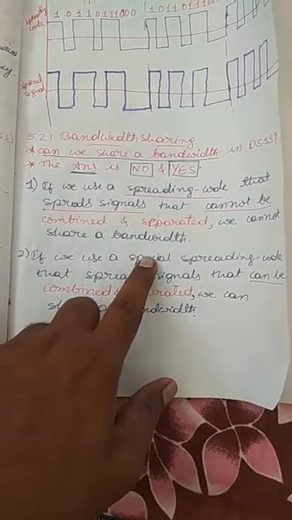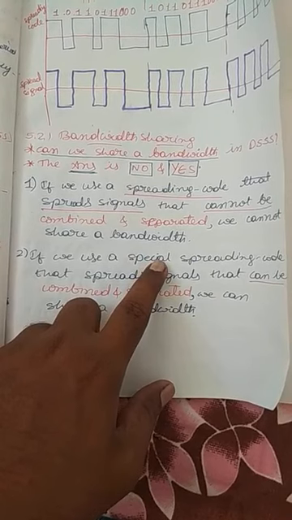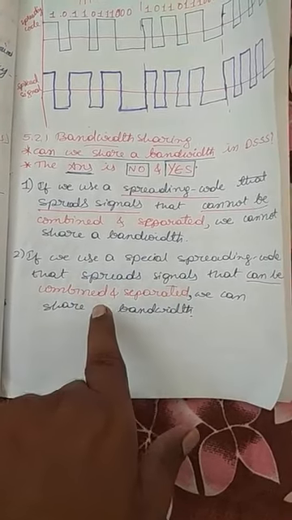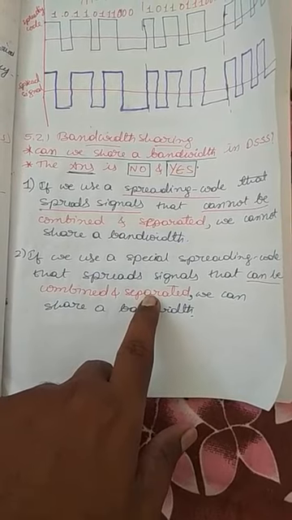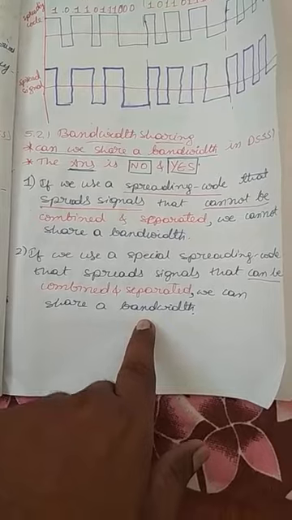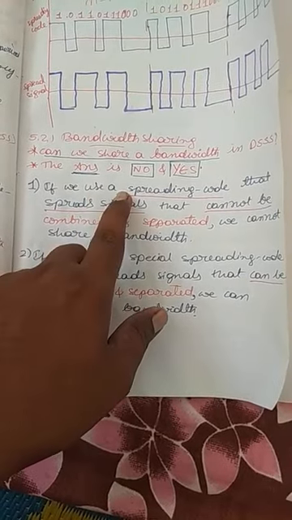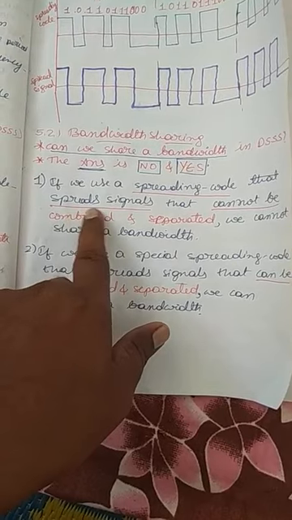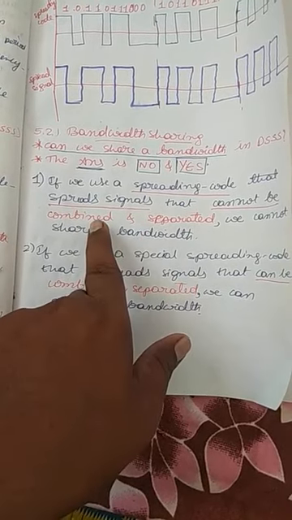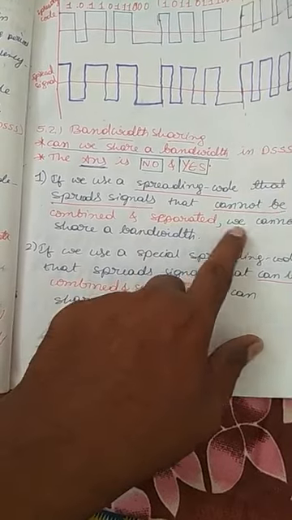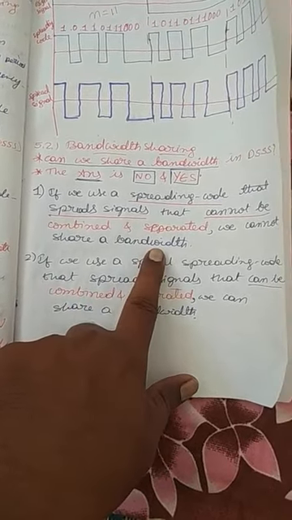When we use a special spreading code, we can spread the signal so that it can be combined and separated. There we can share the bandwidth. When we are using a normal spreading code, the spread signal cannot be combined and separated. Here we cannot share the bandwidth.